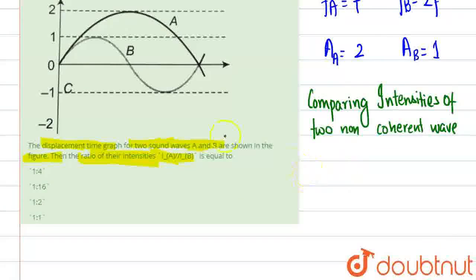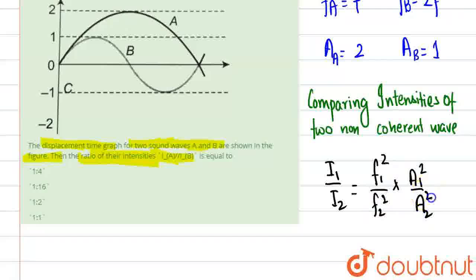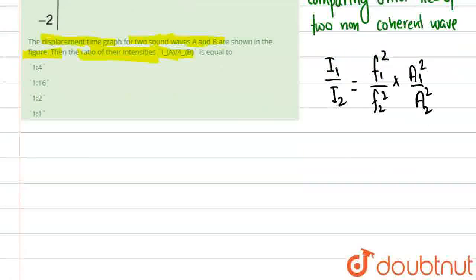Firstly, let's write the equation: I1 by I2 is equal to F1 square by F2 square into A1 square by A2 square. This is the formula, where A is the amplitude, F is the frequency, and I is the intensity. This is the formula we're going to use here.